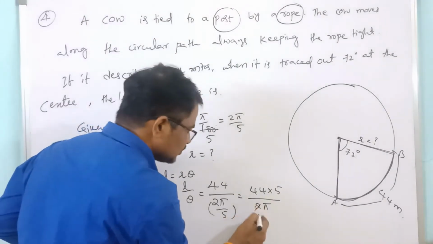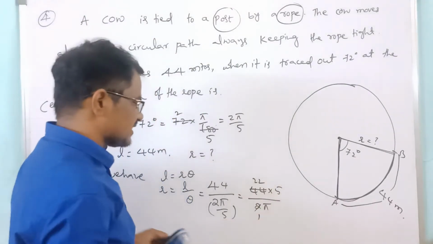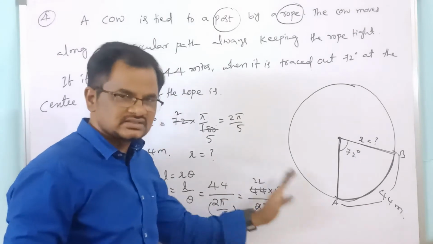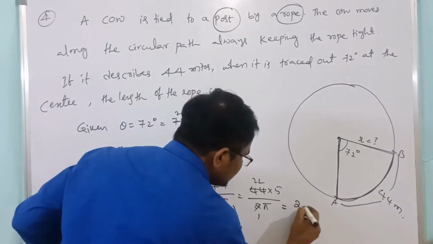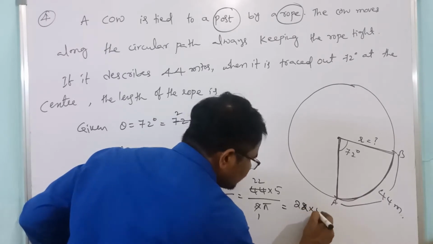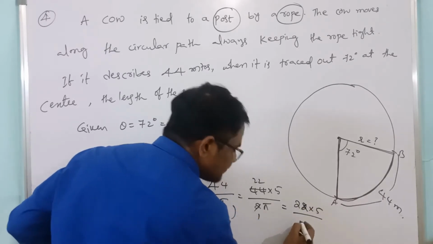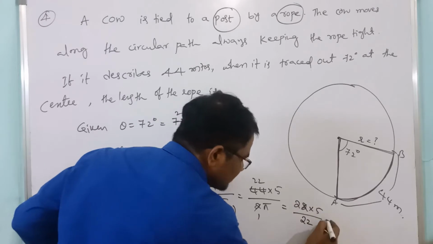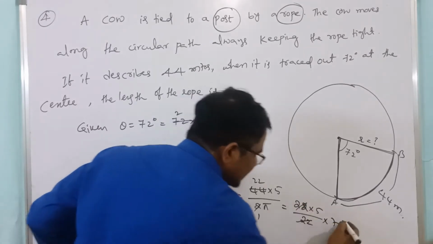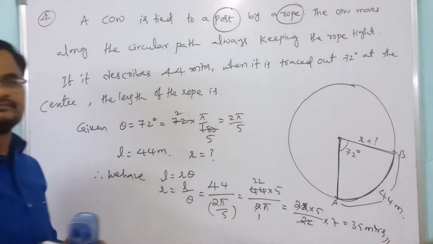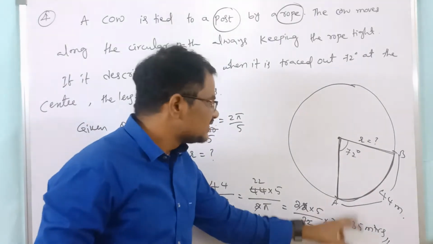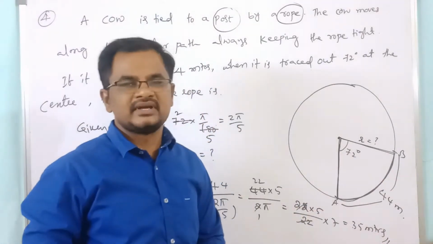Here 2 and 22 get cancelled. If you want to simplify, you can write 2 into 22 into 5 by pi, where pi is 22 by 7, so into 7. This one gets cancelled, and that equals 35 meters. Like this you can write. Final answer: the radius is 35 meters.